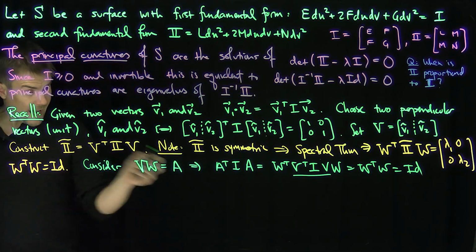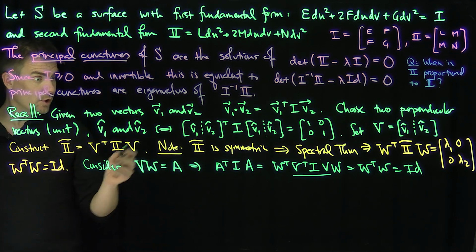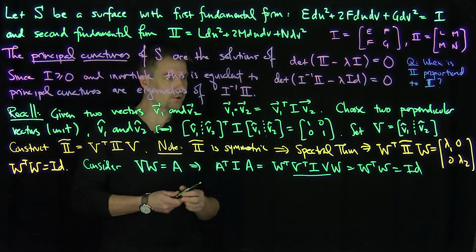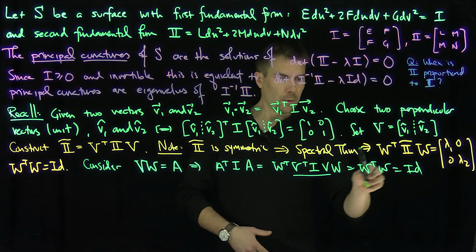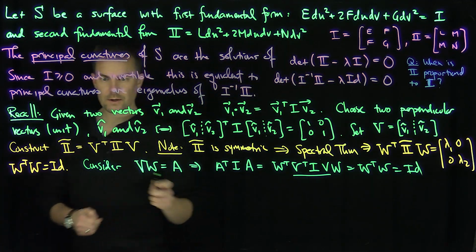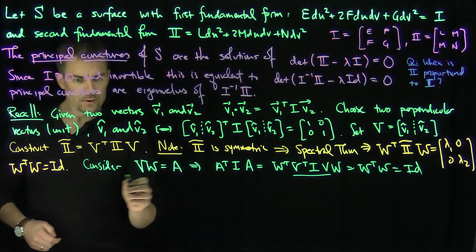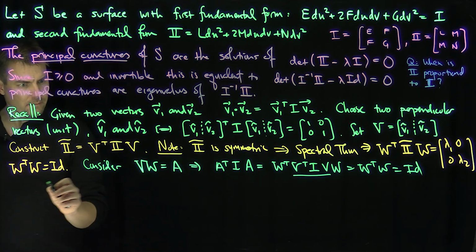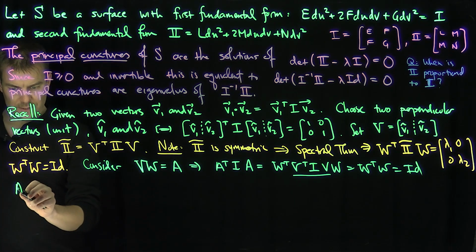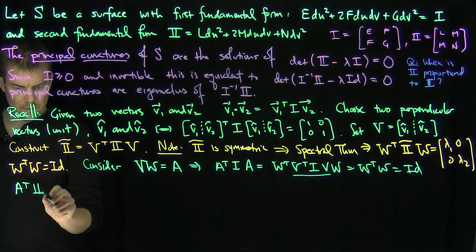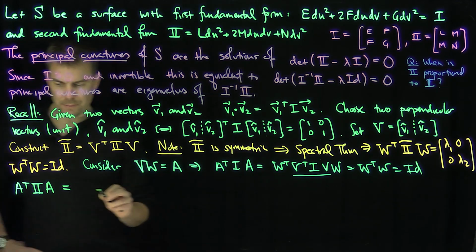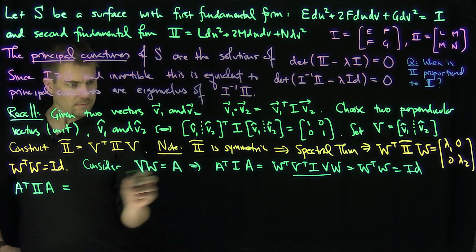Now, what if you apply A to 2, right? So remembering what 2 was, 2 is this thing over here. So if I apply A transpose to 2, to A transpose, what will this be? This is going to be the same thing over here.